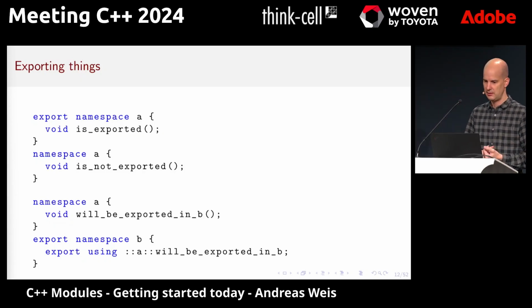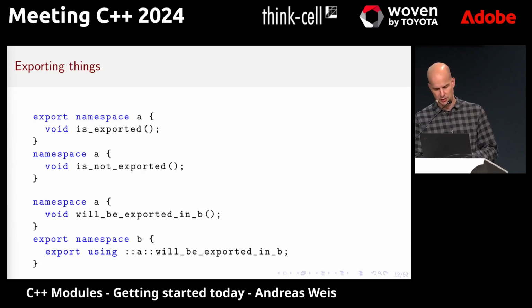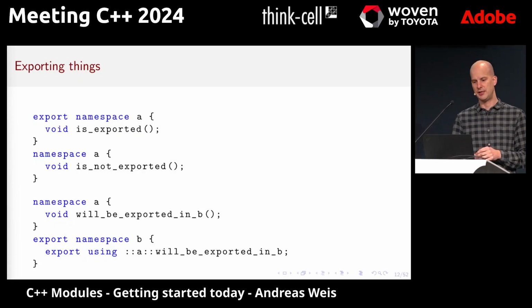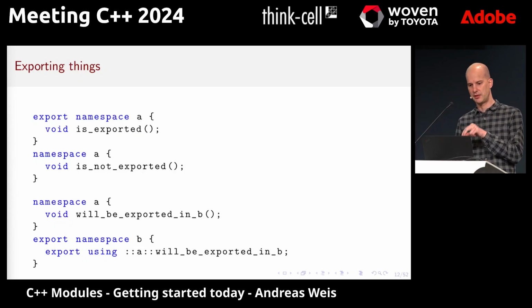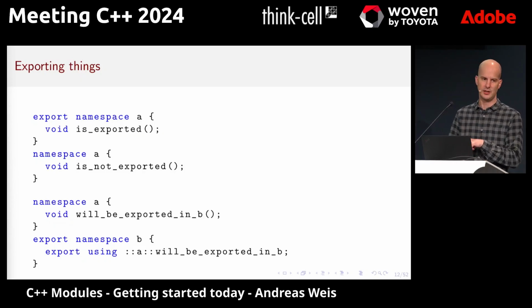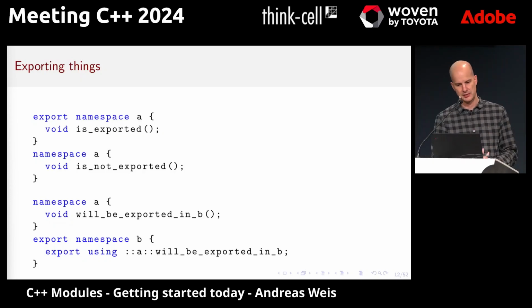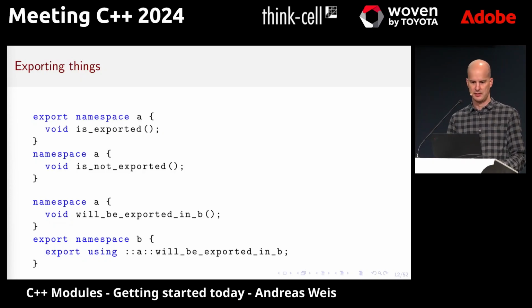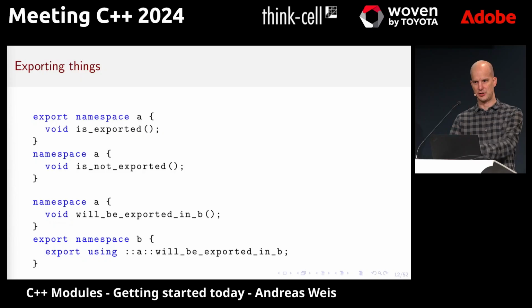So the function B that we're exporting here still lives in namespace A, right? What we're exporting from namespace B here is just an alias to that thing that lives in this other namespace. And we will see later some examples where it's really useful to be able to do this, to export something that actually lives in another place.